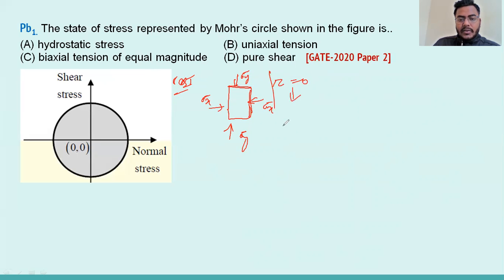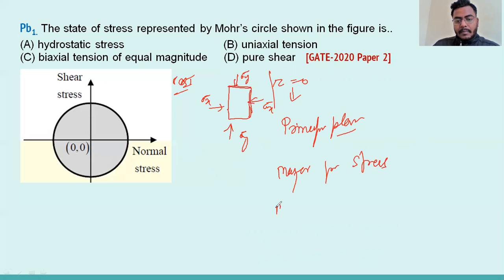So when shear stress is 0, we call that plane a principal plane. Whatever normal stress acts on that principal plane, we call the major principal stress and minor principal stress. The major one we denote by sigma 1, the minor one we denote by sigma 3.